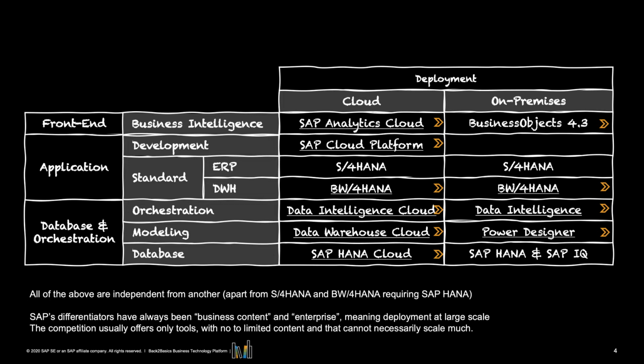If I'm looking at an orchestration tool in the cloud, that would typically be Data Intelligence Cloud. If I want to deploy it on premises, it would be Data Intelligence. The modeling on premises is probably going to be done with Power Designer. And the databases that we want to use on premises are probably SAP HANA and SAP IQ.